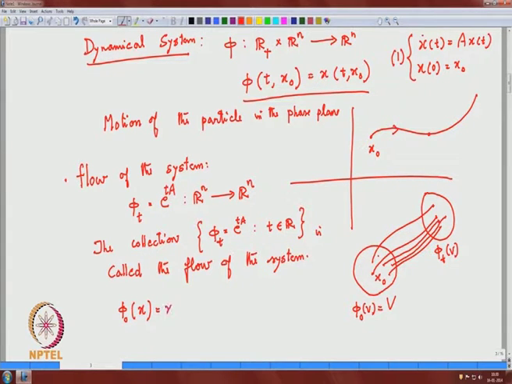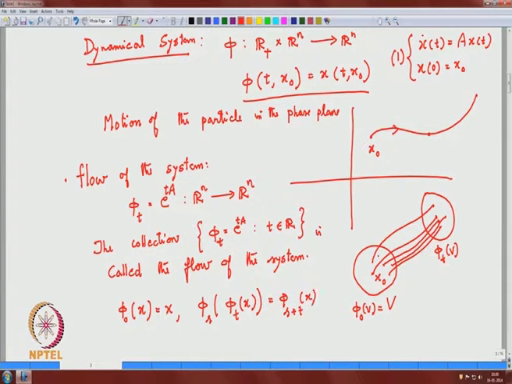Phi naught of x is always x. The more important thing is that suppose the flow moves from x at time s to position phi s of x, and then you compose it with phi t, this will be the same as phi composition, s plus t of x.